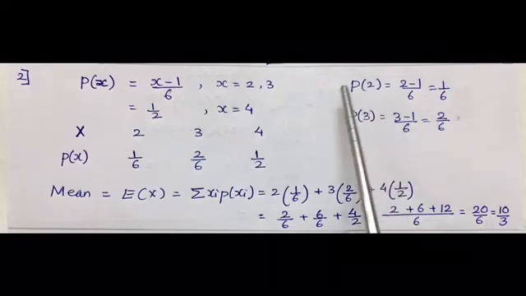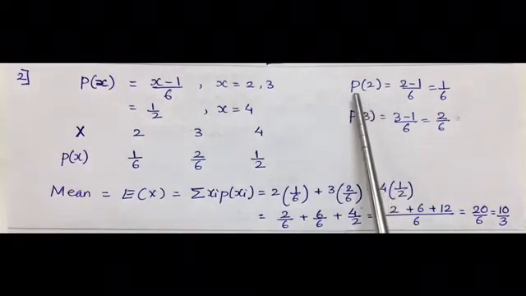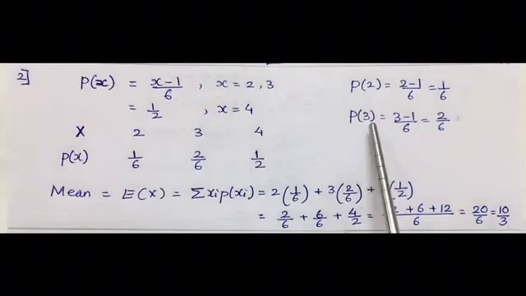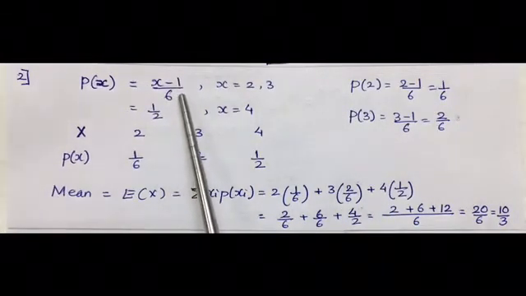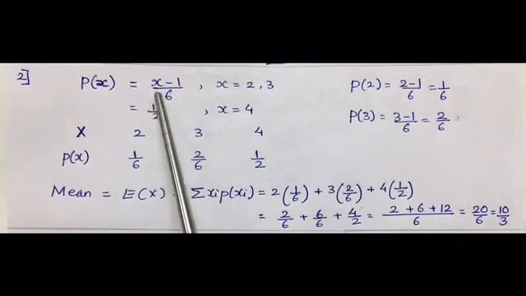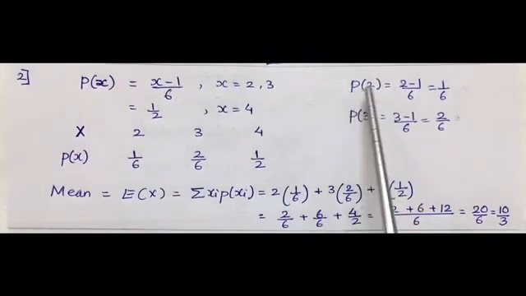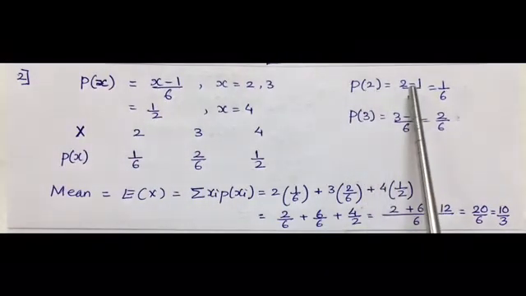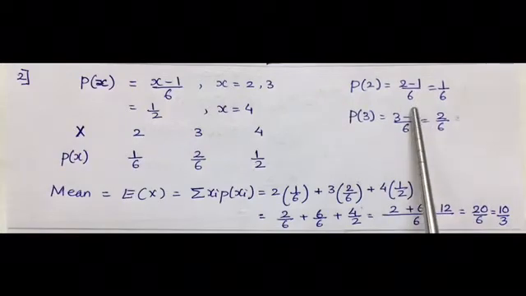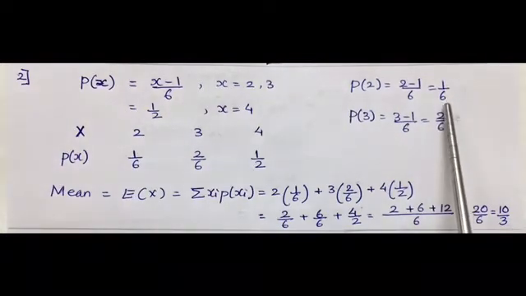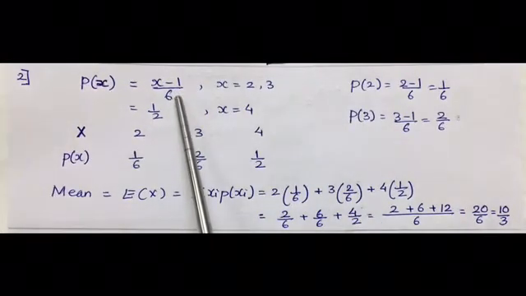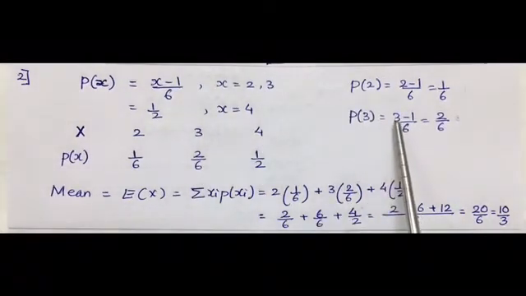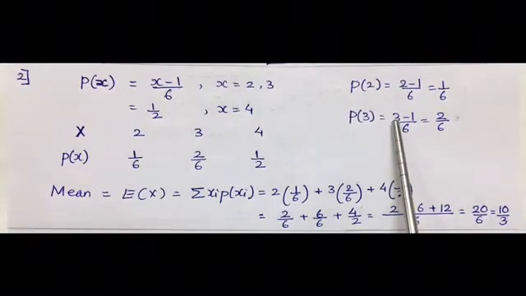Now firstly we will calculate the probability of P2 and P3 by taking up this formula and keeping the value of x as 2 for P2. It becomes 2 minus 1 divided by 6, that is 1 by 6. And for P3, again in this formula, in the place of x, 3 will be substituted.